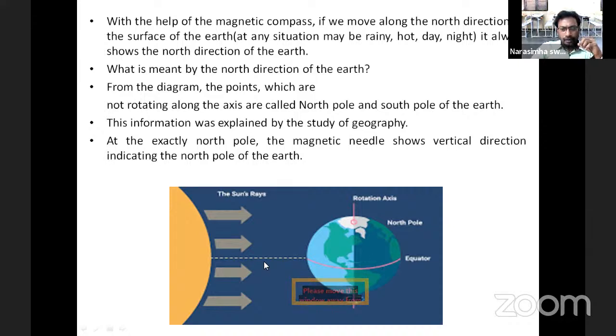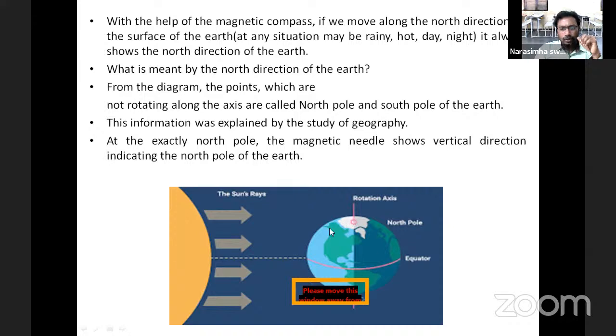And we know the Earth spins, right? Due to spinning, you can see the rotational axis. This point is the axis of the globe, the Earth.